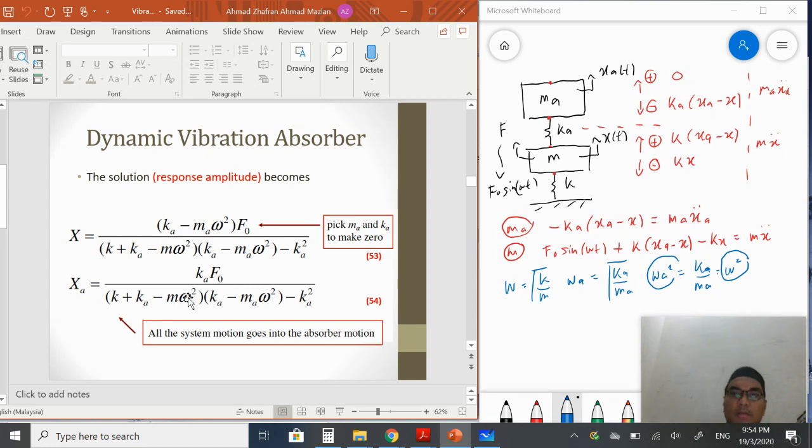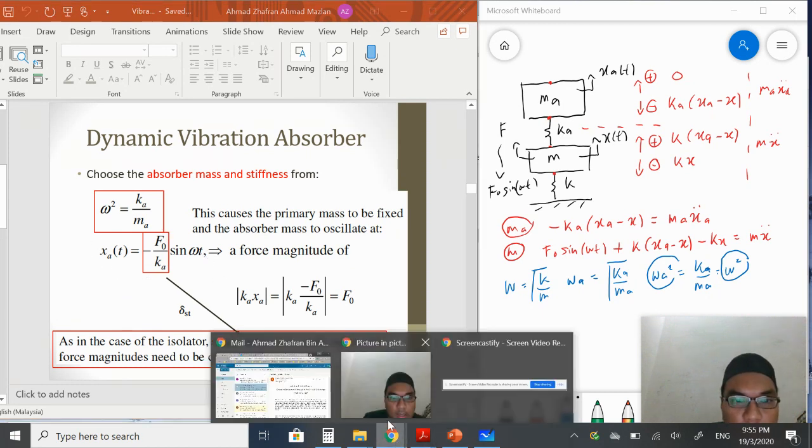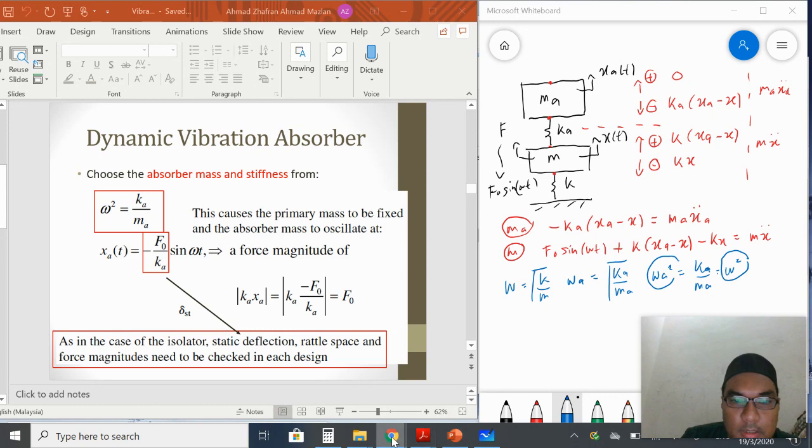So when you have the system like this, the x will become 0. The xa will become like this, the amplitude of xa sine omega t. When you solve it, this one will have an amplitude like this, and then when you replace it in the xa equation, it becomes the displacement like this.